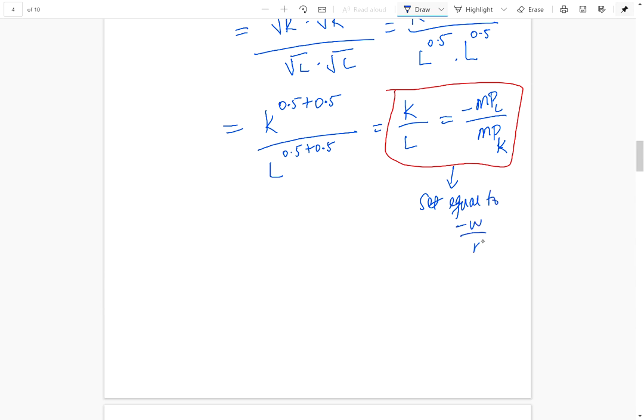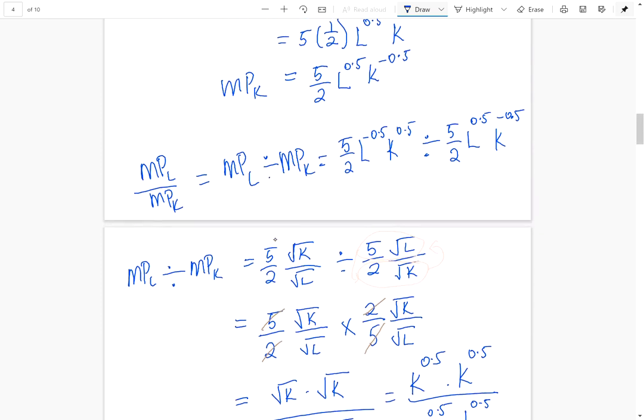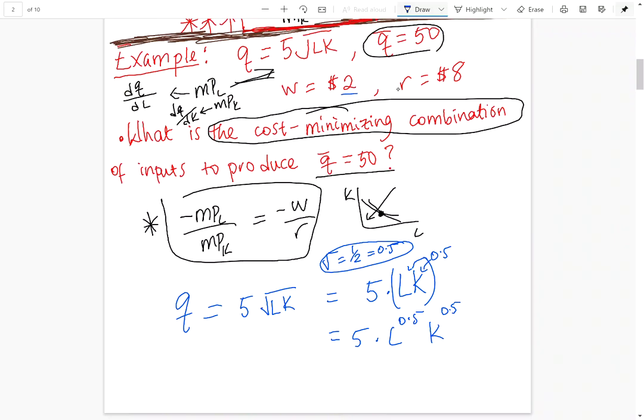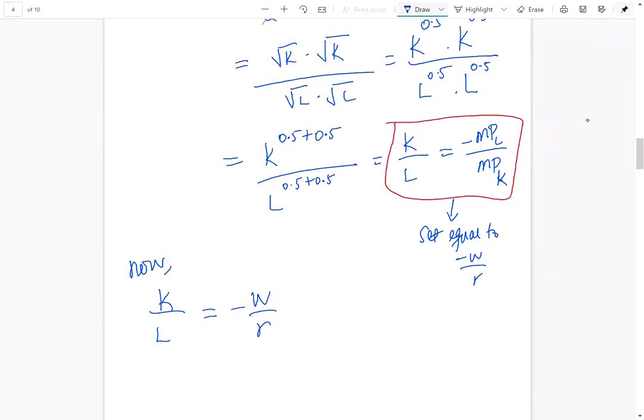The second portion is setting it equal to negative W over R. So we have K over L is equal to negative W over R, and we know from the question that W is 2, R is 8.